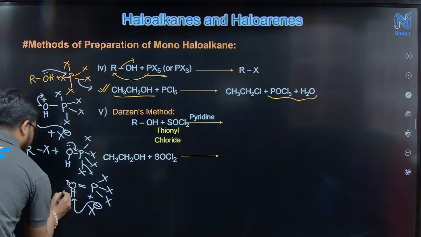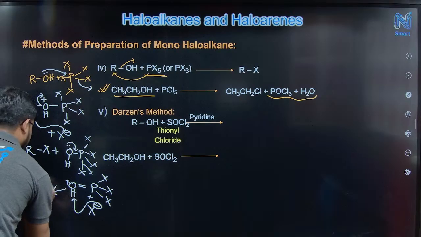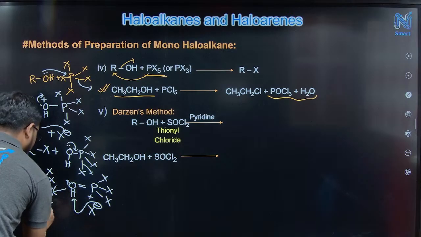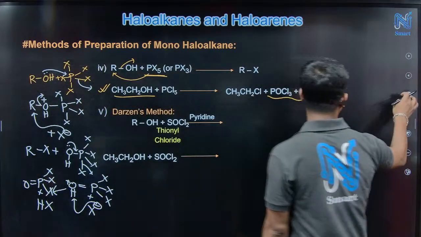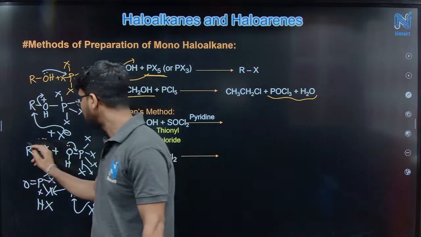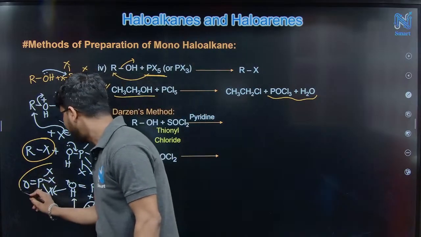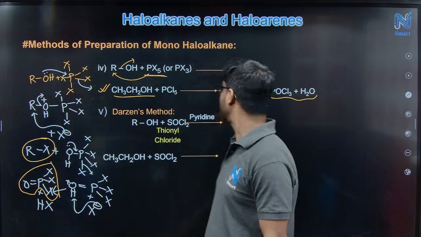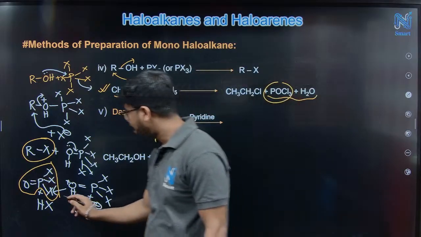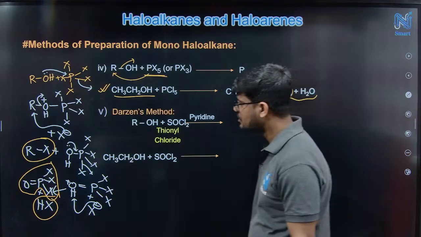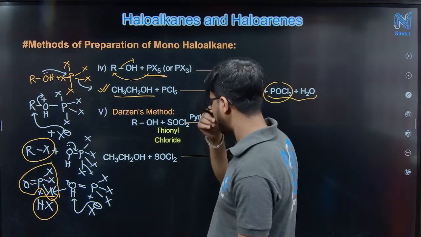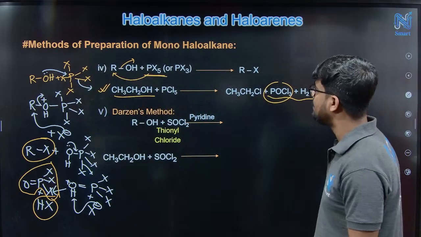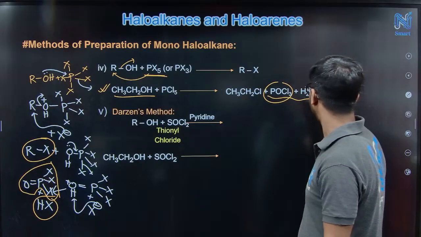So from this you will get O double bond P X X X, and H and X combine to make HX. Now if you check this mechanism, we are getting POX3, meaning POCl3 in this case, and we are getting HX. HX will also be a byproduct, yes or no? HX also will be the byproduct, correct?